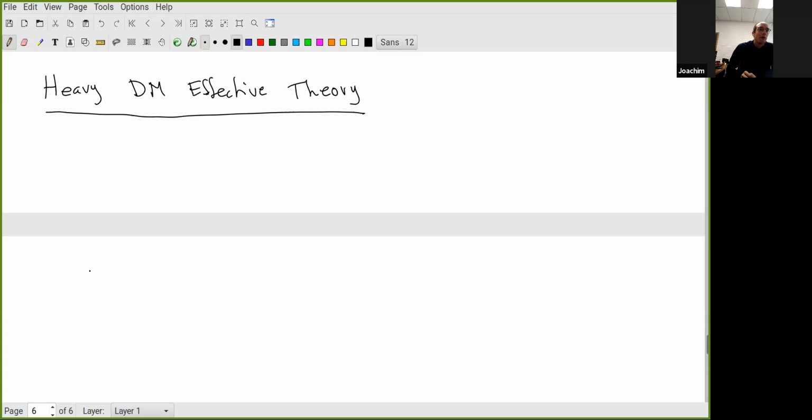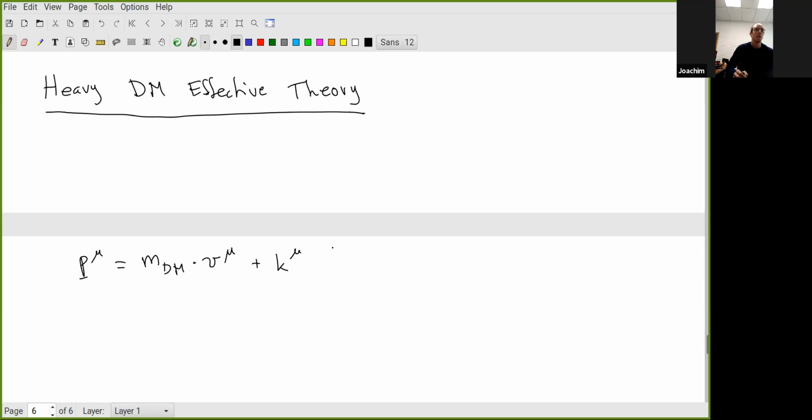What we want to do is the following. Let's say we have the four-momentum of this external particle. This will be completely dominated by the mass term, so let's say the mass of dark matter times the four-velocity. And then there will be a small piece, let's call it k.